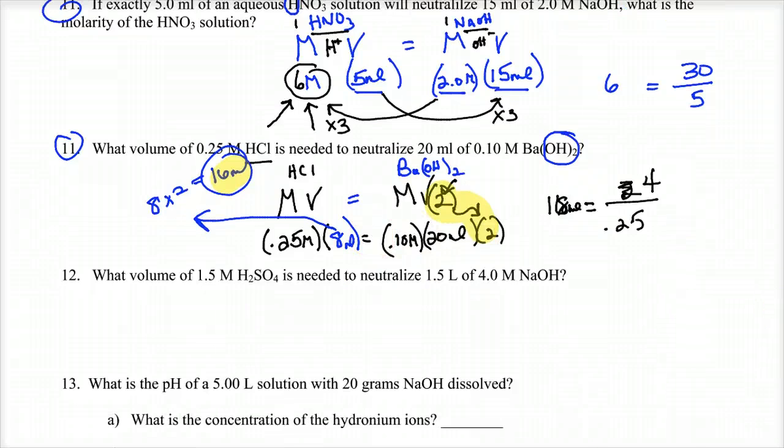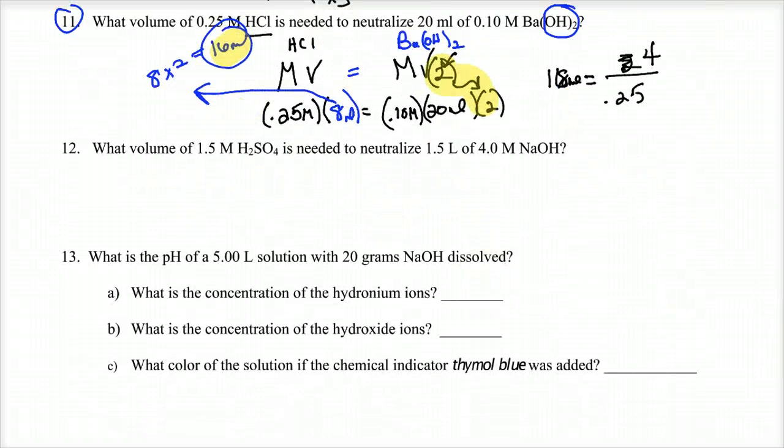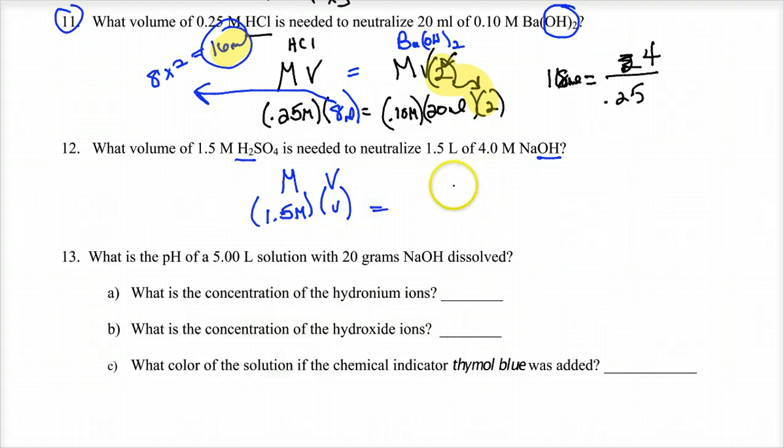Let's go on and do another one. I'll finish up with this one. I have, look at this, 2 to 1 here. So MV of the acid, my acid is H2SO4. It's 1.5 molar. The volume is what they're asking for, is equal to MV of the base.